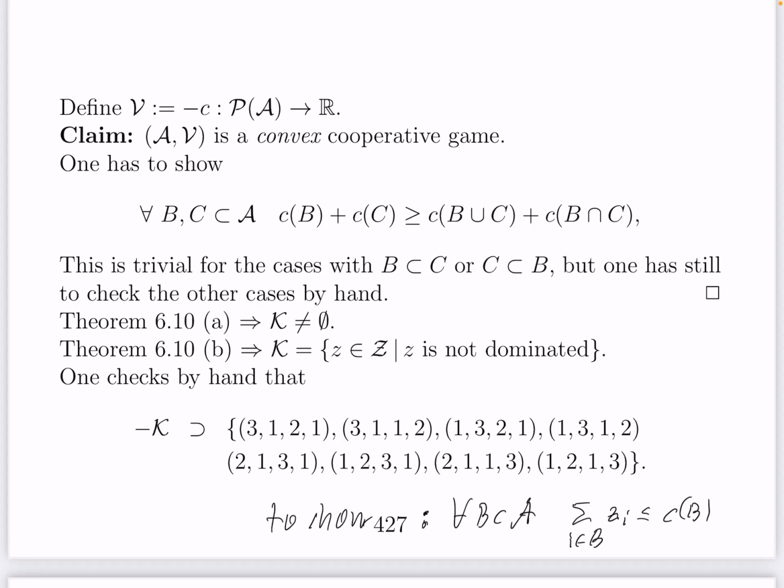So for the pair 1, 2 and for the pair 3, 4 I get at most 2 plus 1 or 3 plus 1, which is 3 or 4, which is less or equal to 4, which I need. For the pair 1, 3 I can get the values 3 plus 2, which is 5, but it's also allowed because the coalition 1 and 3 has a cost 5.